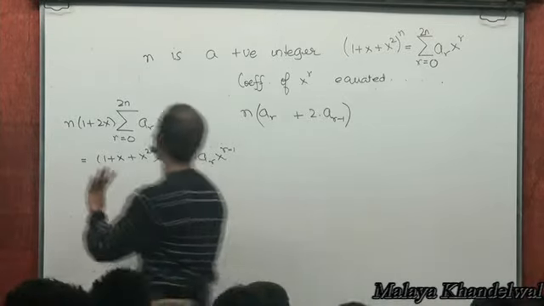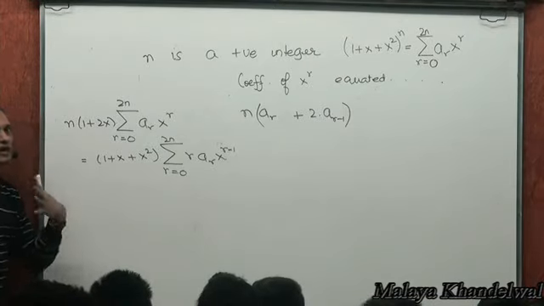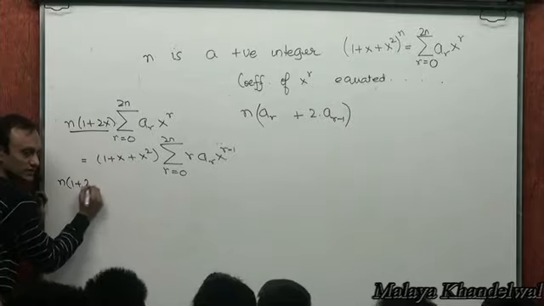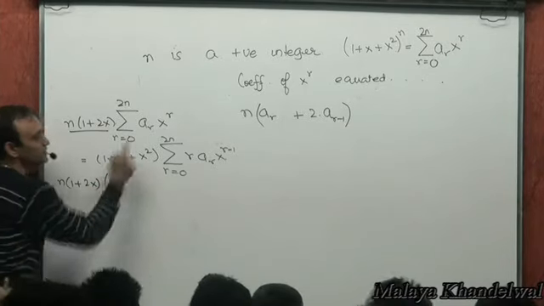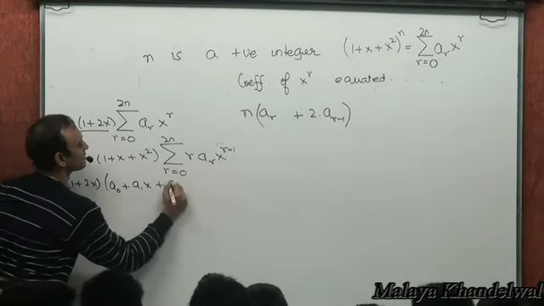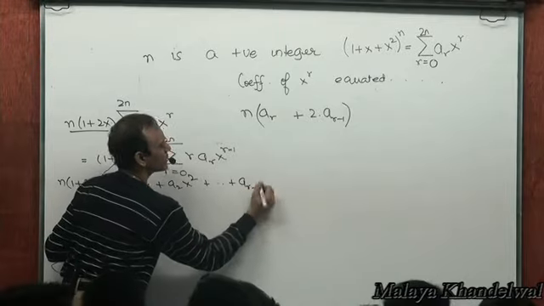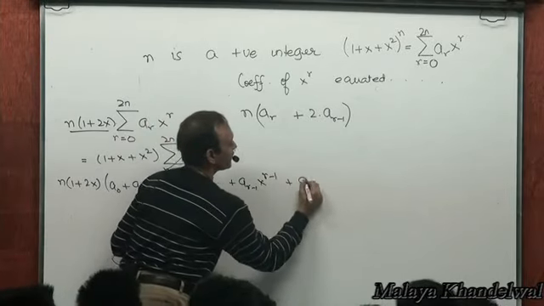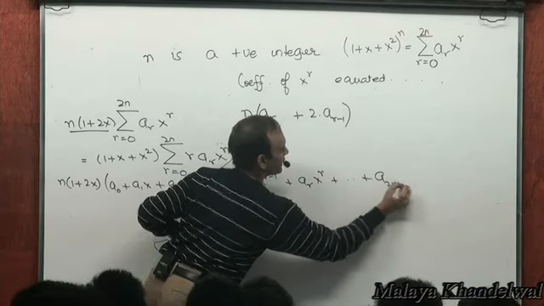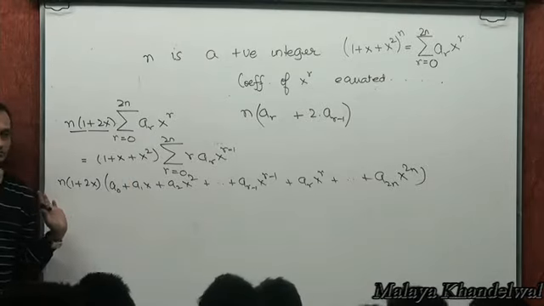See, don't worry, I'll do it quickly. I know there is some semblance of doubt on your faces. Think about this. This is n into 1 plus 2x. The terms here are like a0 plus a1 x plus a2 x squared, up to A_{R-1} x^(r-1), A_R x^r, and A_2n x^2n.